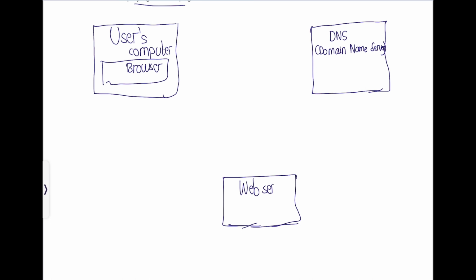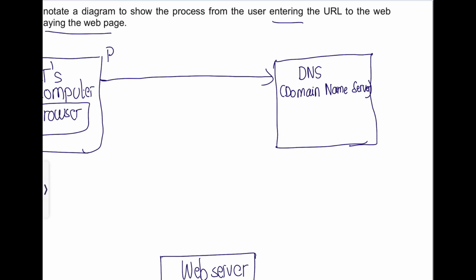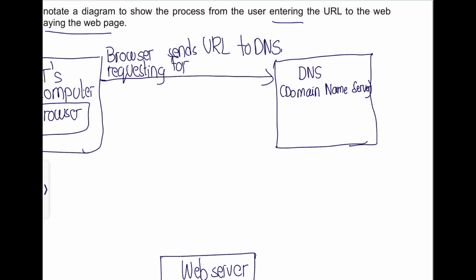Now the first thing that's going to happen is after you've entered the web browser software, it will send the URL. So the browser sends URL to DNS, requesting for the IP address of the web page.